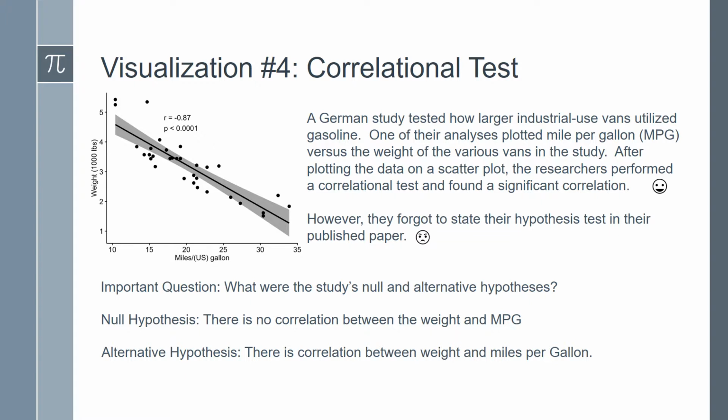The research question is: what were the null and alternative hypotheses for this German study? The null hypothesis I defined as there is no correlation between the weight and miles per gallon, and the alternative hypothesis is there is a correlation between weight and miles per gallon.